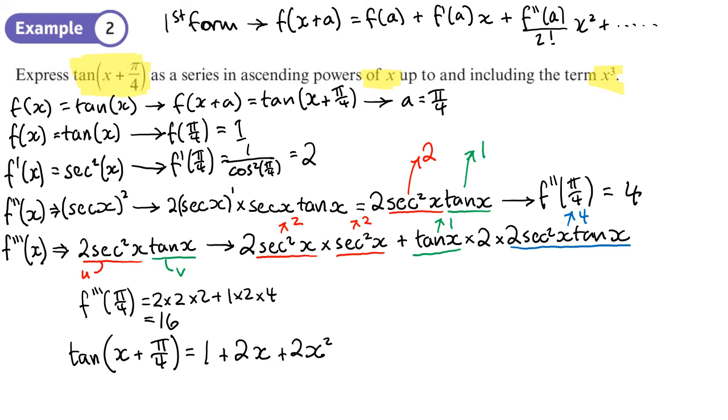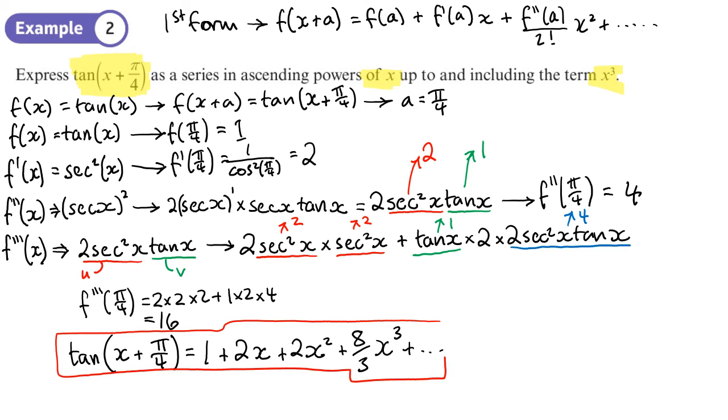Then we get the third derivative at a, which is 16. So we're going to have 16 over 3 factorial, which is 16 over 6, which is 8 over 3. So then plus 8 over 3 x cubed. And then we can just put plus dot dot dot here. Okay, so there's our expansion for tan of x plus pi over 4.